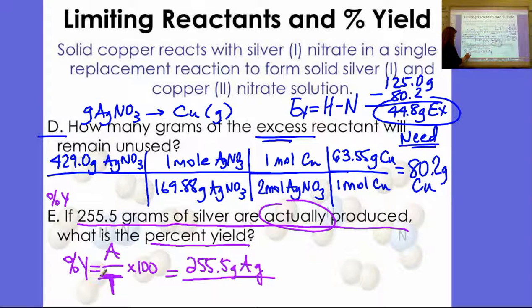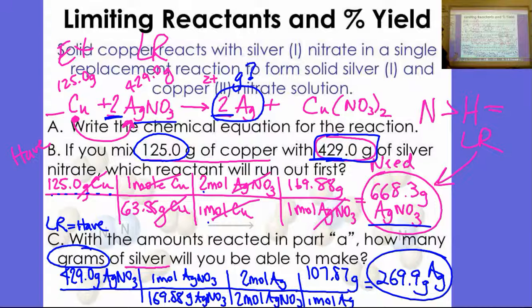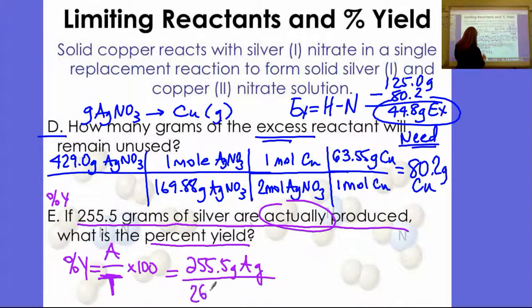I calculated my theoretical somewhere, so I need to go back and find the grams of silver, which we calculated in part C. This is my theoretical yield. Theoretically, if my reaction went 100%, I didn't spill anything, there were no errors, I should have produced 269.9 grams.